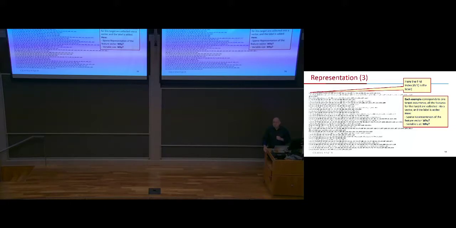One interesting thing that you see here is that I have variable numbers of features. Why? Yes? Some examples express some features and not others. But why is that happening?